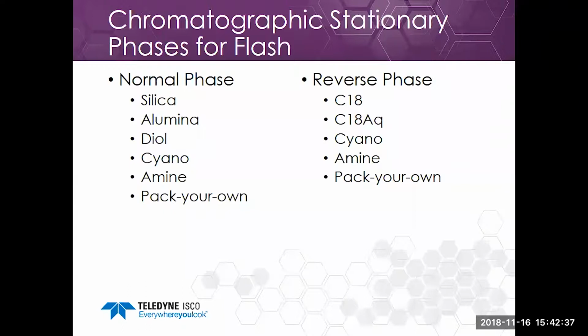Some of these phases can actually be used in either reverse or normal phase, like the cyano columns and the amine columns, and some of your own stationary phases that you can pack on your own and use on our systems. But normal phase is traditionally your silica, alumina, diol, cyano, or amine, sorry. And then the reverse phase, you have your C18, C18AQ, cyano, and amine.